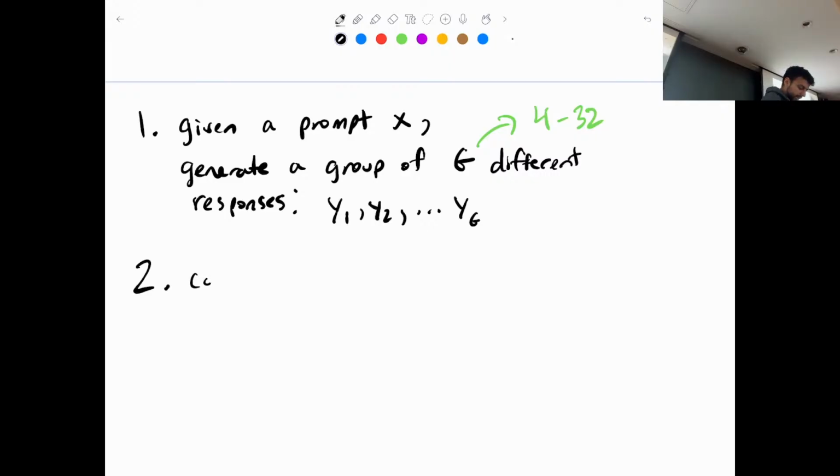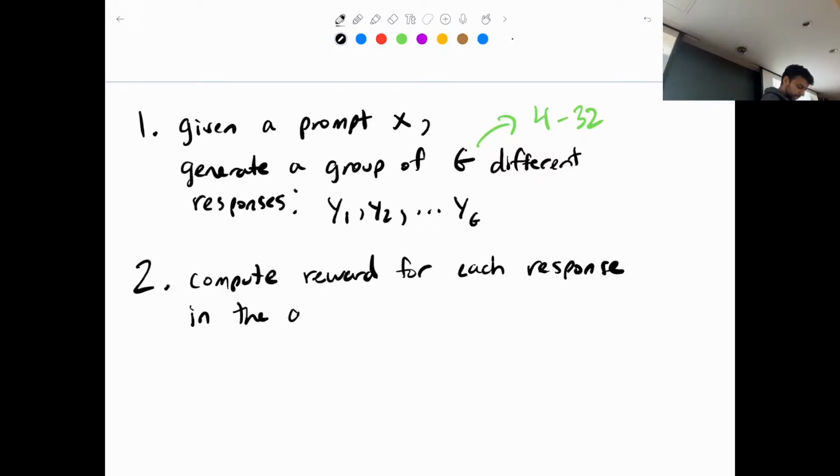All right, so given all of these responses, we are going to compute a reward for each response in the group. And so this will look like X, Y_i. Here we'll see a little difference in the notation.